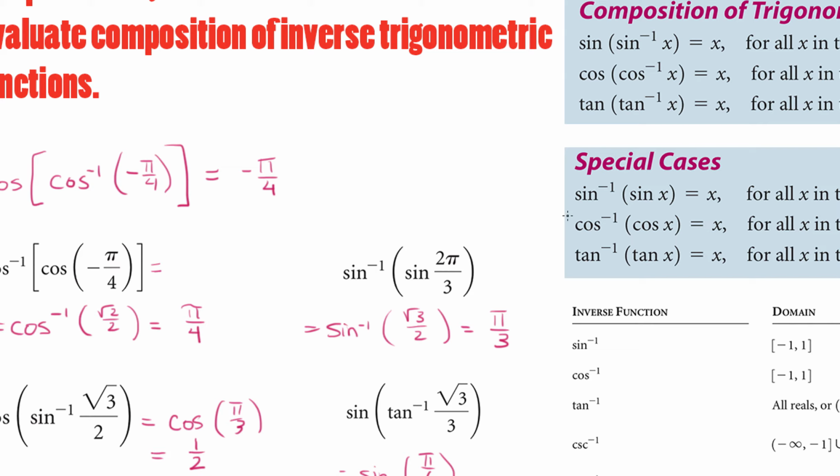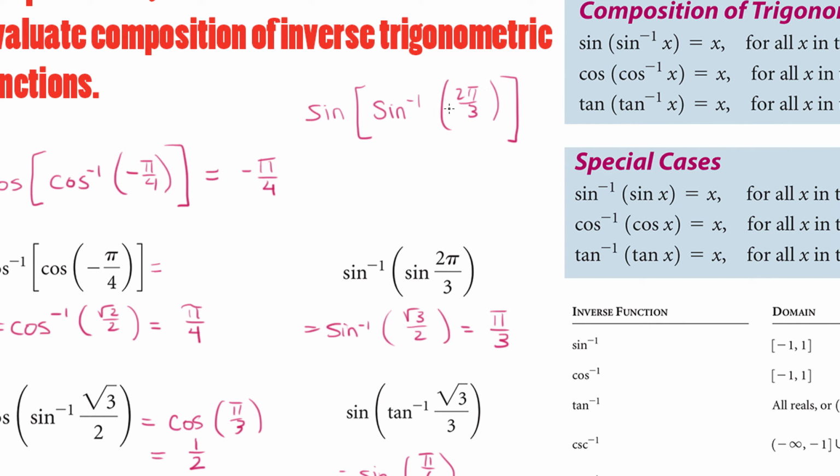So this is actually equal to negative pi over 4, using this identity. Okay, this one right here. Now, let's see the other way for this one. Sine of sine inverse of 2 pi over 3. Now, 2 times 3.14 is approximately 6 point something.